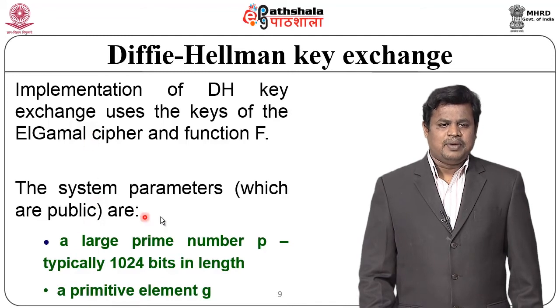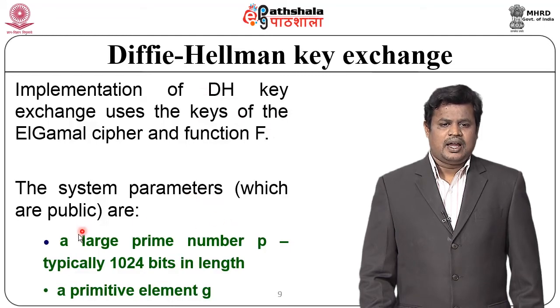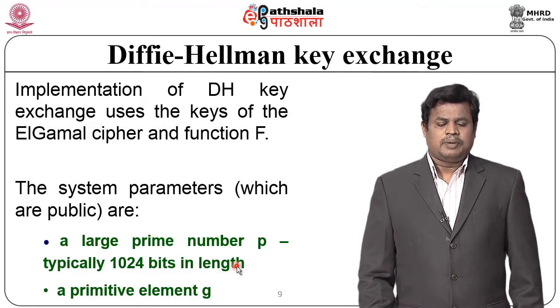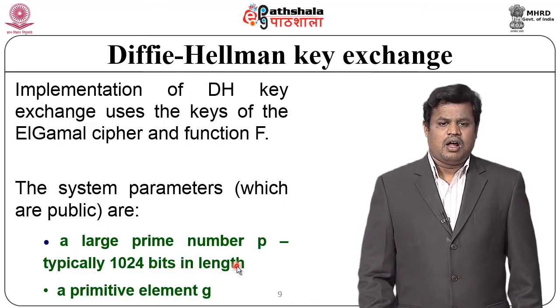From that they can share their secret encrypted information over the unsecure channel. Now, these system parameters are public. In order to design a key exchange algorithm, as we have discussed for any asymmetric key cryptography, the first thing we need to choose is a large prime number P. This is typically 1024 bits in length, that means around 300 decimal digits.